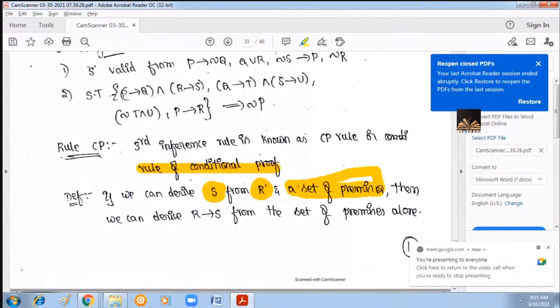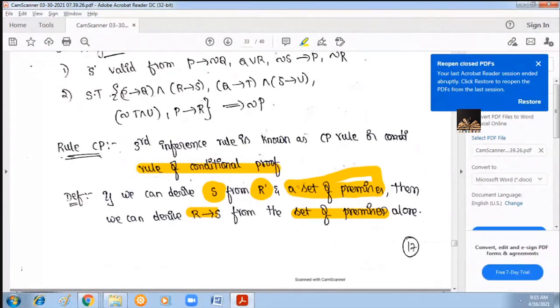Then we can say that R implies S is also derived from the same set of premises.